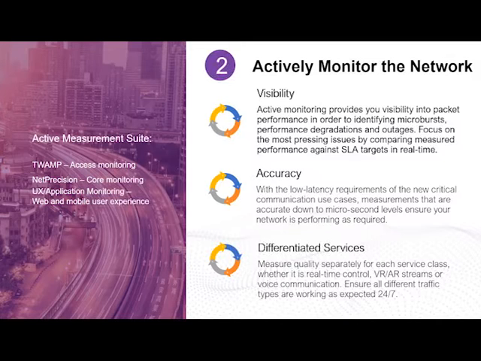As we saw earlier, there is a quite challenging traffic mix, which means that you need to put a lot of focus on how you manage your differentiated services, and you need visibility into each of the different service classes to see how they are performing, both on the video, control traffic, voice, etc. Tools in the active measurement suite are really TWAMP, net precision, and the user experience application monitoring tools.